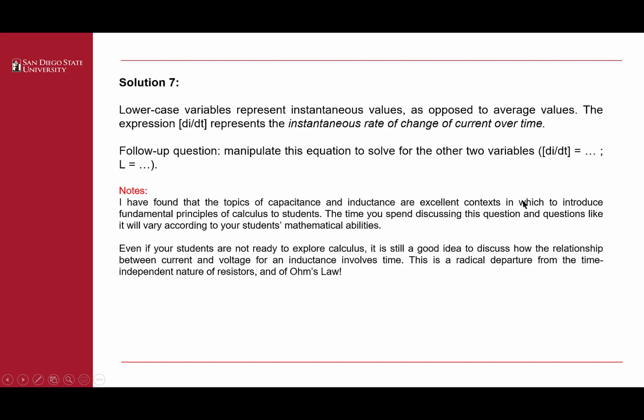You may not see it everywhere, but if you see both versions of a variable like capital V and small v, then you may think of one of them as time dependent and one as time constant, meaning that it does not change over time.